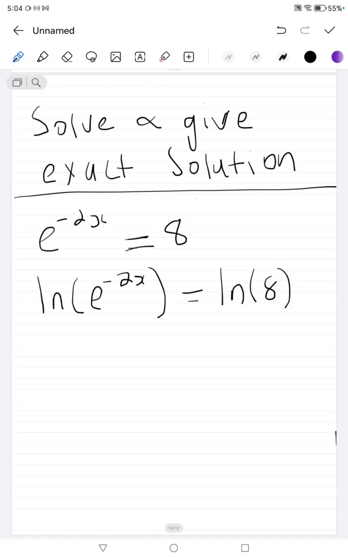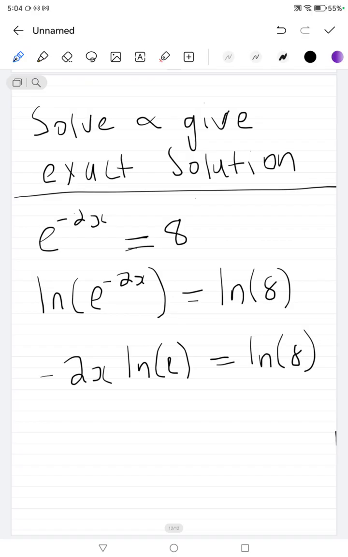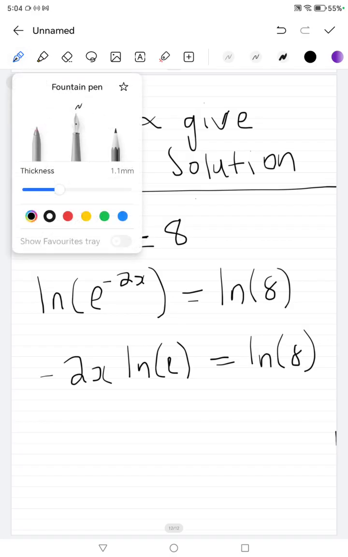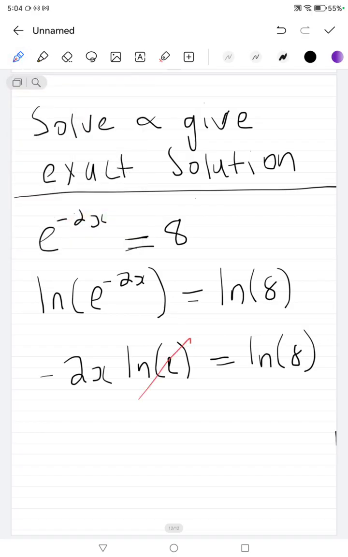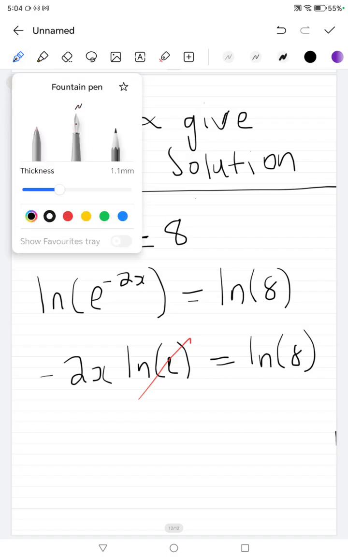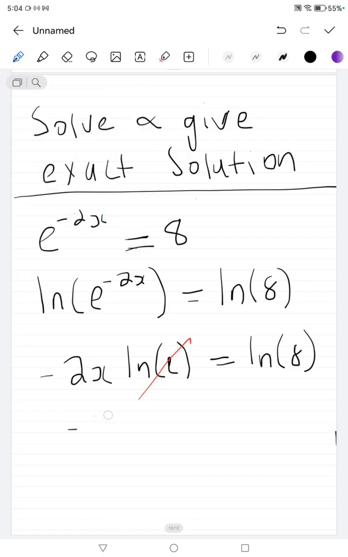So now we're going to be having minus 2x, which you can bring it down. Then we can have ln of e is equal to ln of 8. Then this one, your ln of e, that's 1. So it now means you have your minus 2x is equal to your ln of 8.